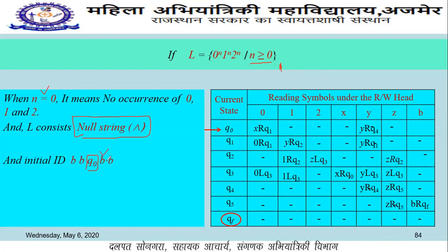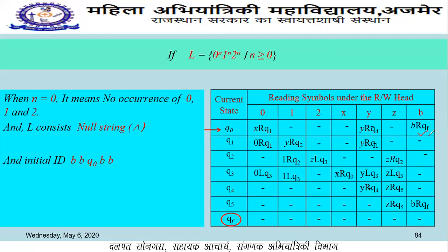If we want to accept this null, if our language L is defined like this, then we have to include one more transition. Whenever we are reading blank at q0, then just pass and take a right turn, or you can take a left turn, and change the state into a final state. This time we are taking a right turn and changing the state into qf.